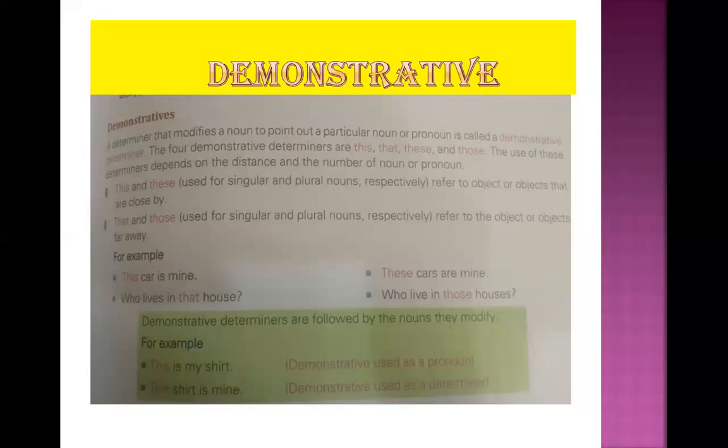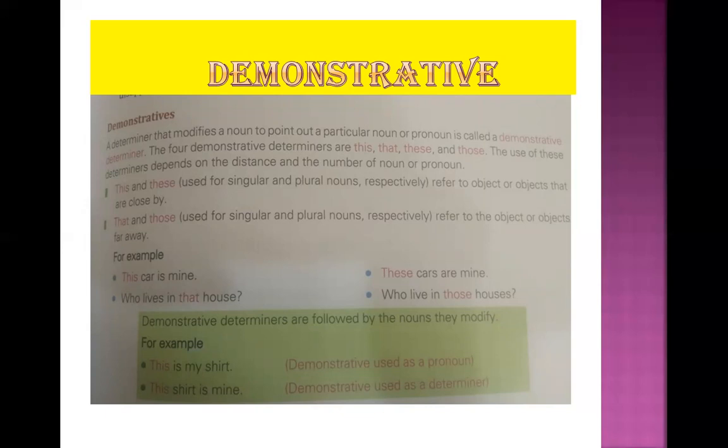Now the next type is demonstrative determiners. Demonstrative determiners are the determiners that modify a noun to point out a particular noun or pronoun. The four demonstrative determiners are this, that, these, those.